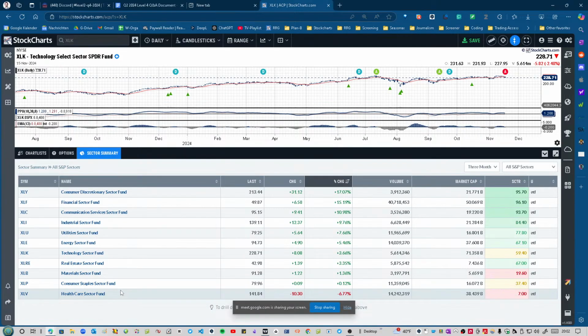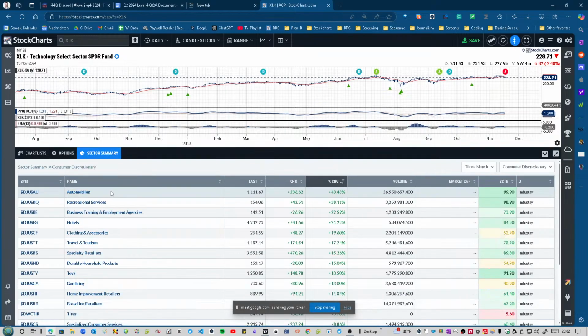Where I would not expect bottom picking, more a shorting market, would be XLY, the consumer discretionary sector, which gained 17% over the last month. Remember, the S&P generally gains 8 to 10% per year, so this is a strong, good performing sector.